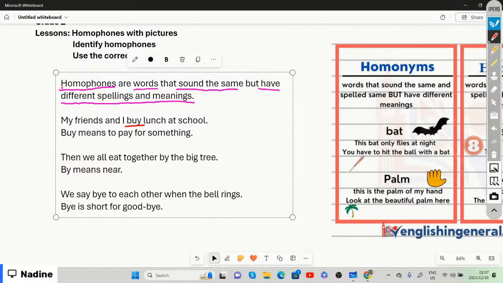Whatever you name the place where you buy things, once you buy things, it means that you need to pay for something in order to get something, and that is called buying. So my friends and I buy lunch at school, where you pay for something.